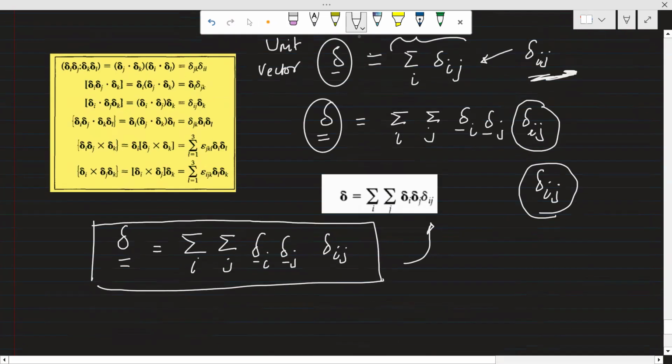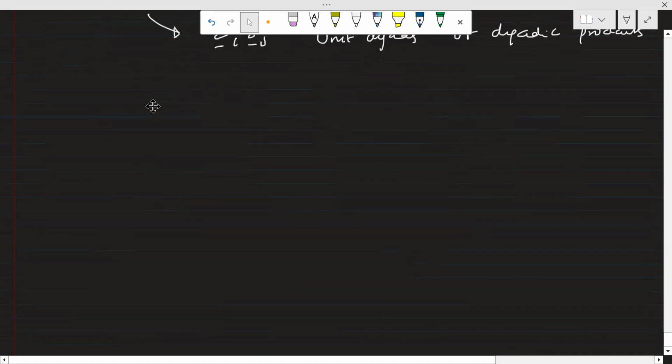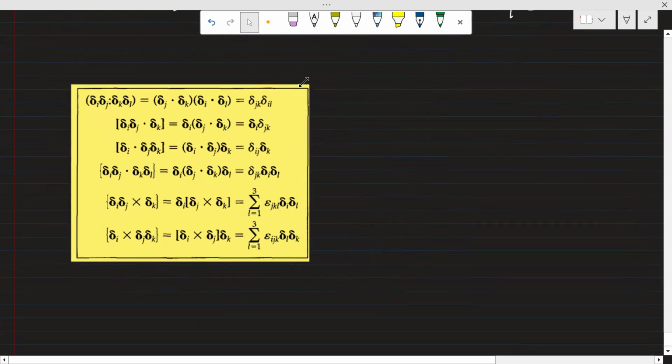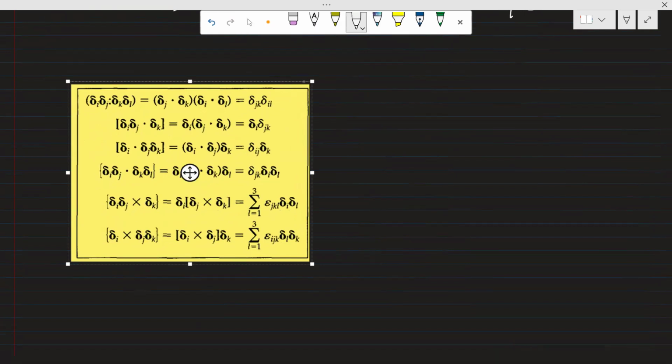Some definitions with respect to this dyadic products. Very important here. So this is again I am writing here some definitions with respect to the unit dyads. These are the definitions.